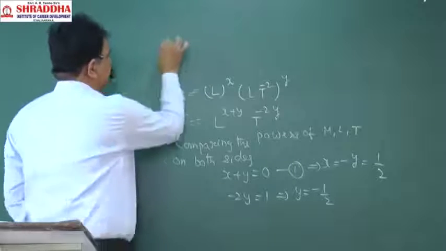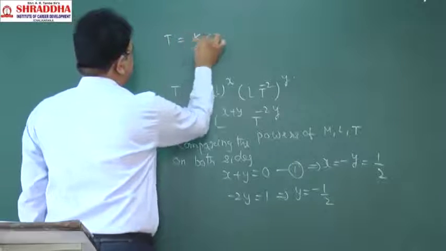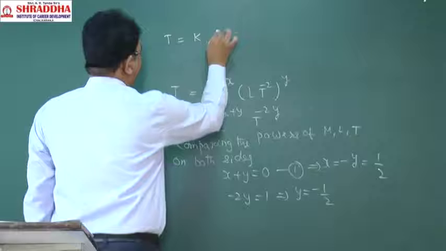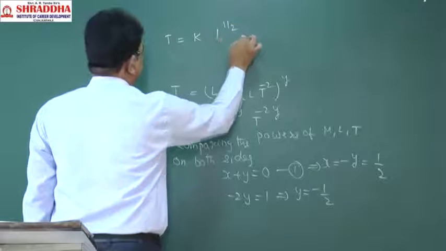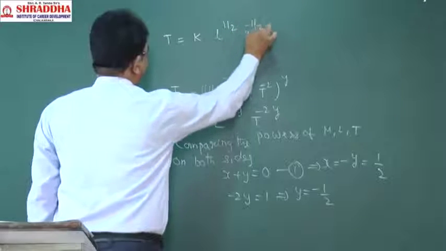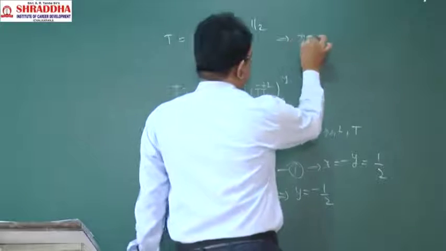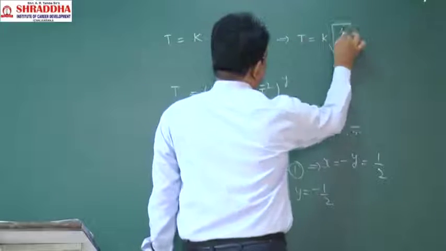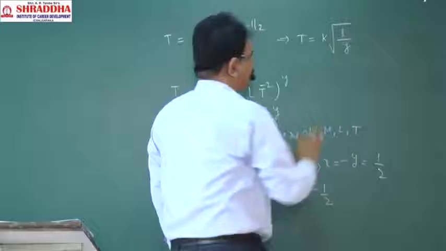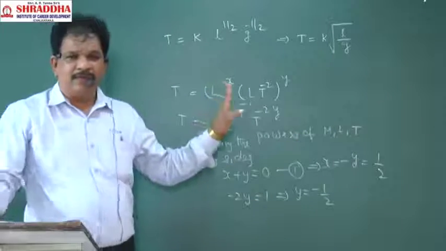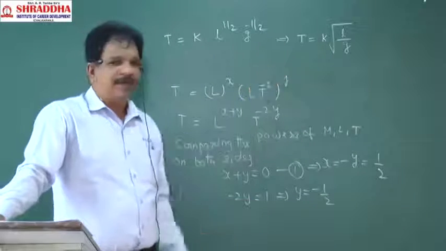T is equal to K into L power x, g power y. So T is equal to K root L by g. Up to here we can do using dimensional analysis.